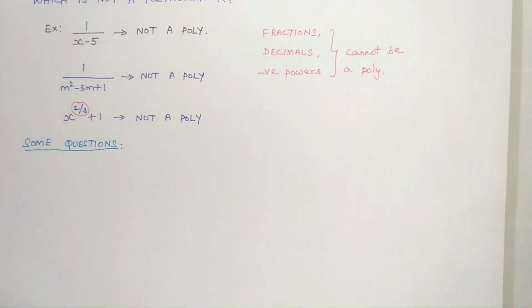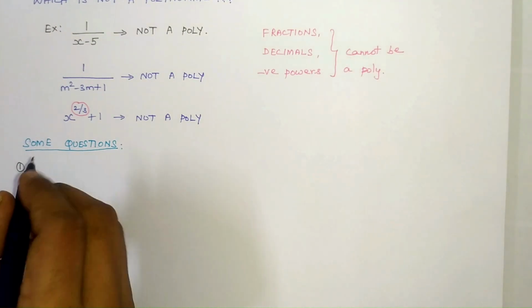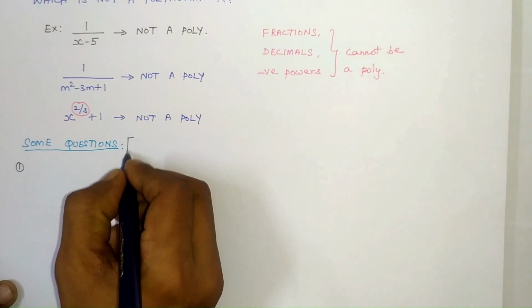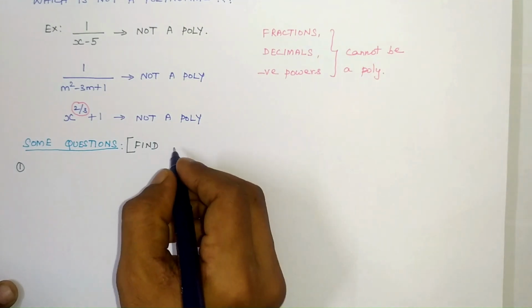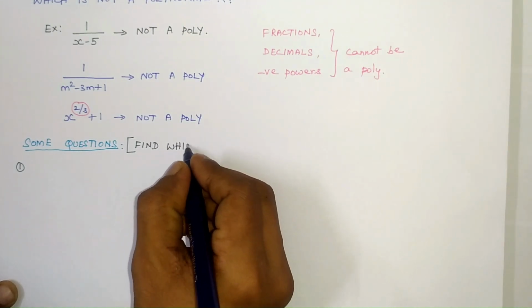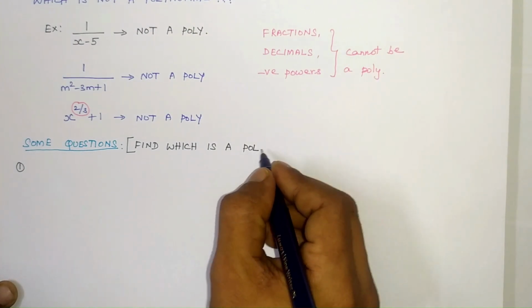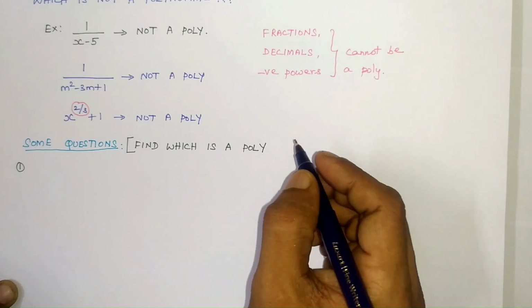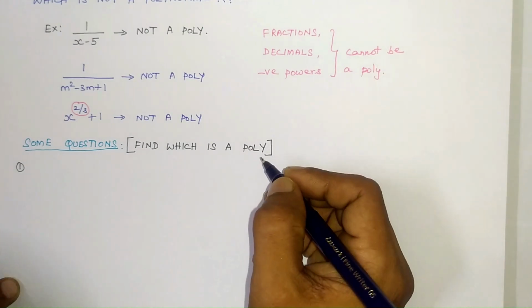Okay, the first one. You have to find which is a polynomial and which is not a polynomial.